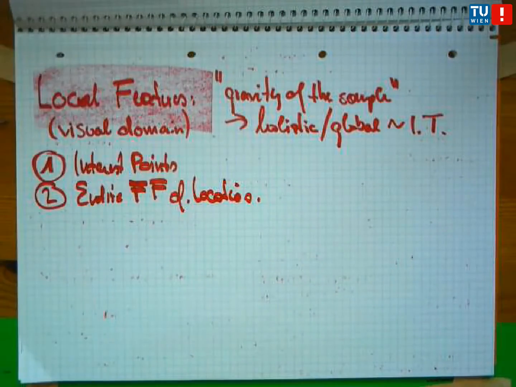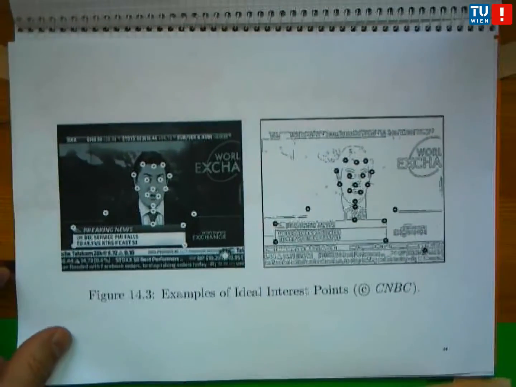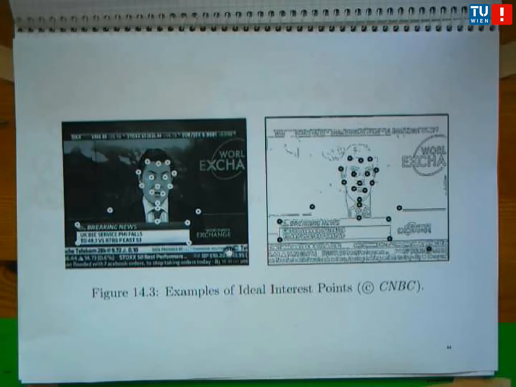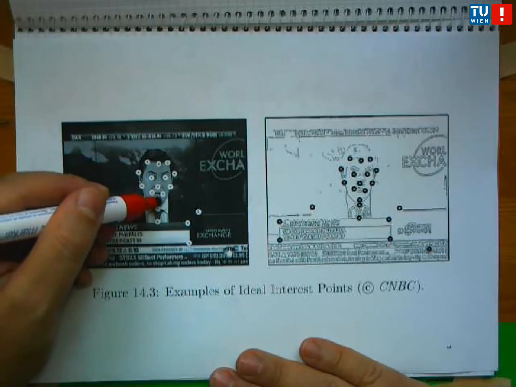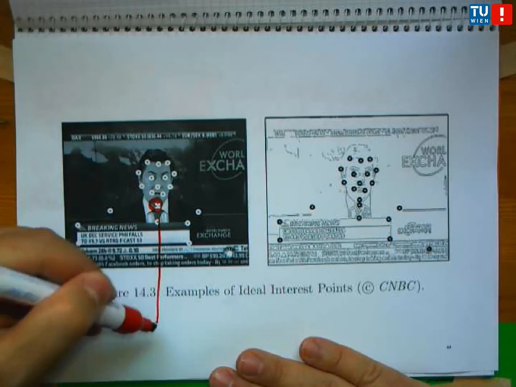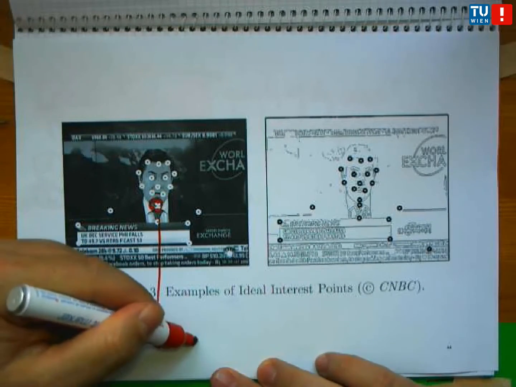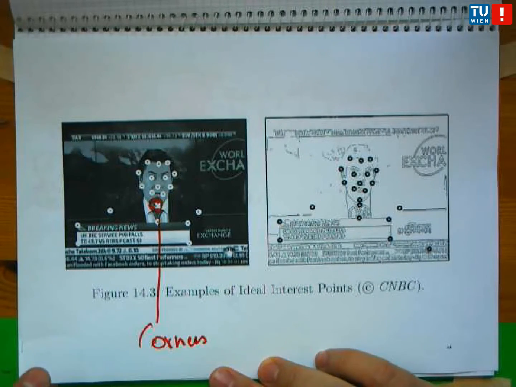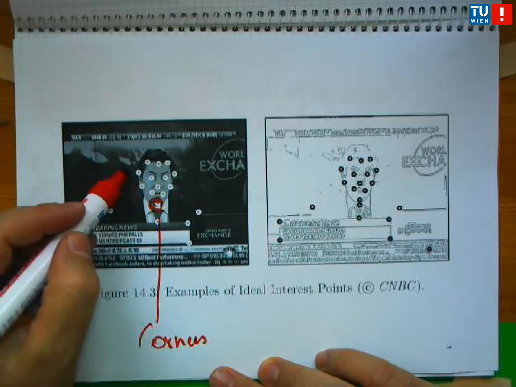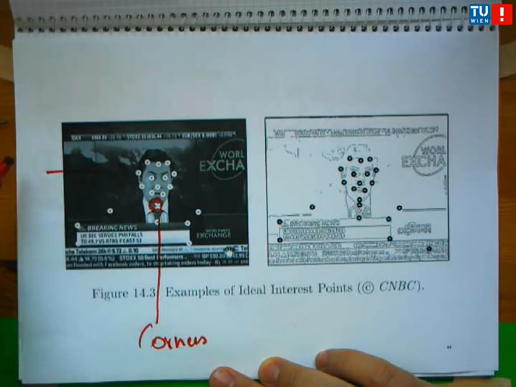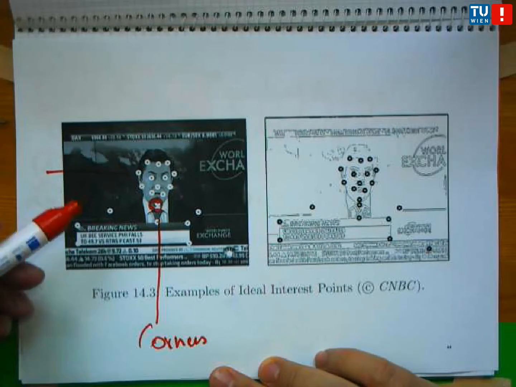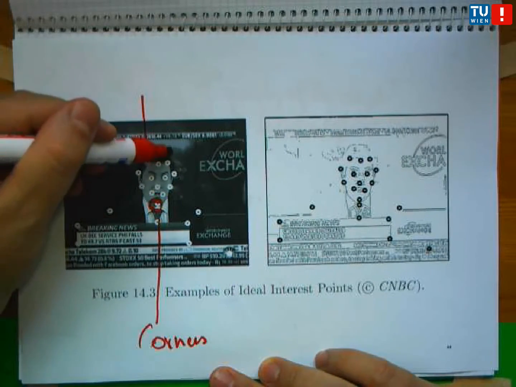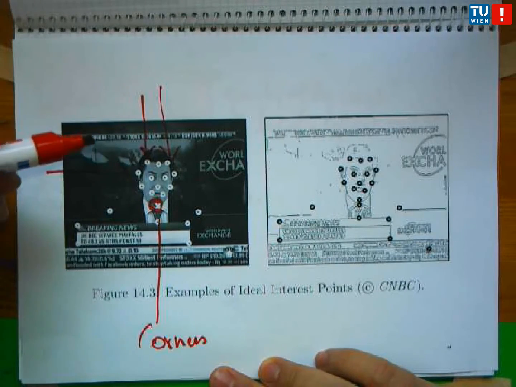Let's look at an example. The typical local transformation, so interest point transformation, endeavors to identify those corners that contain this vast semantic information. This is nothing that was created by a machine. This example, another one from the book, is something that I faked in order to show what would be desired.